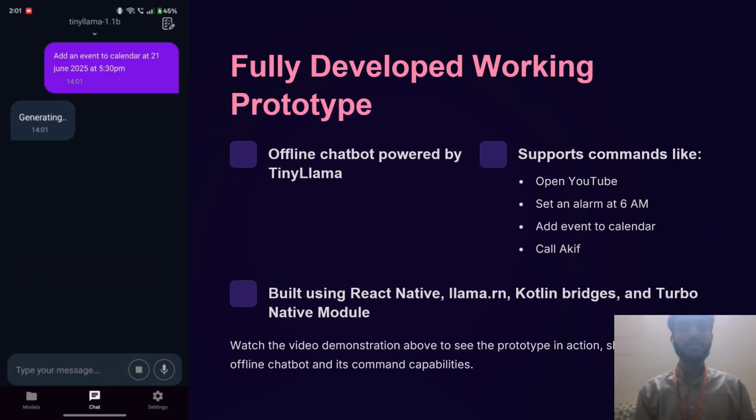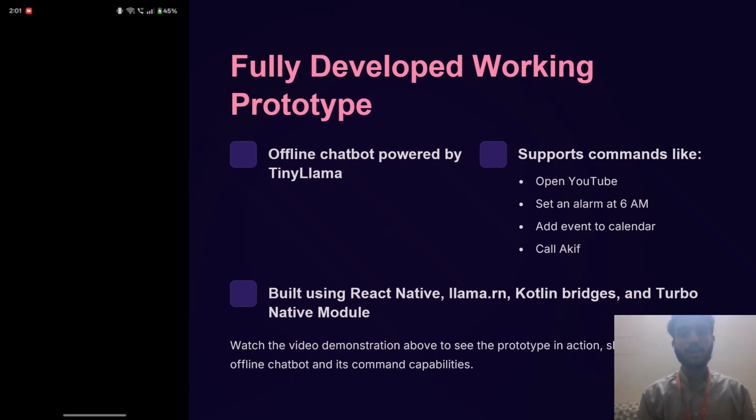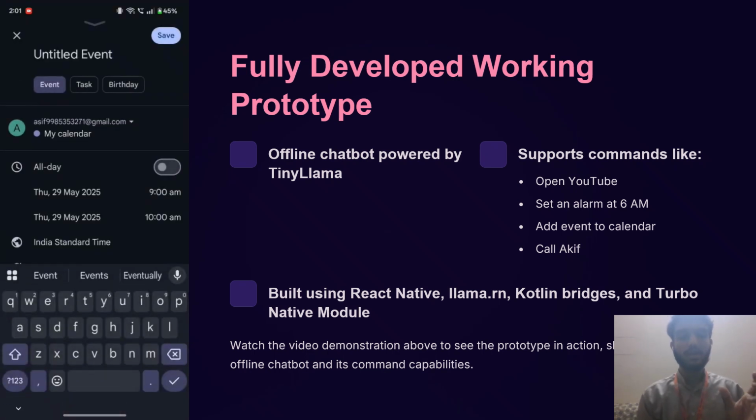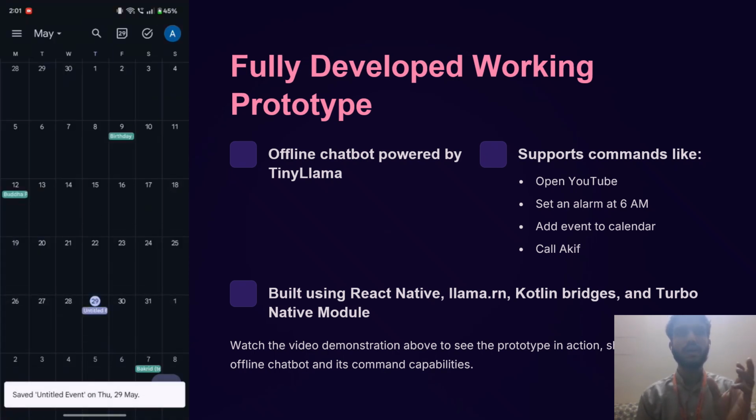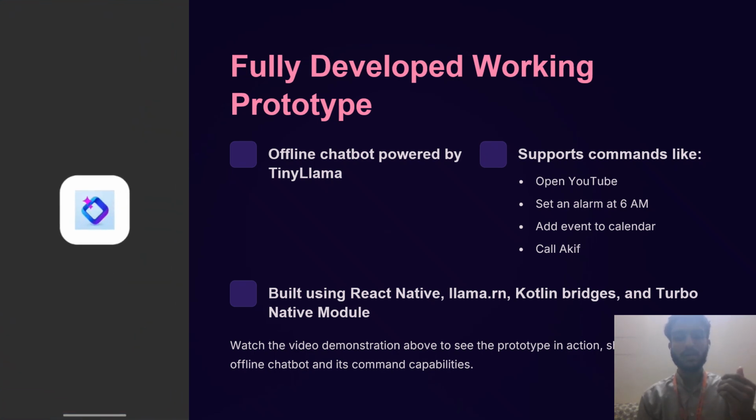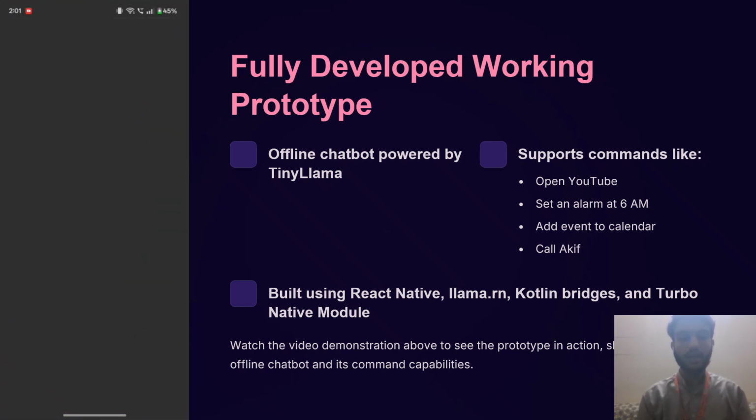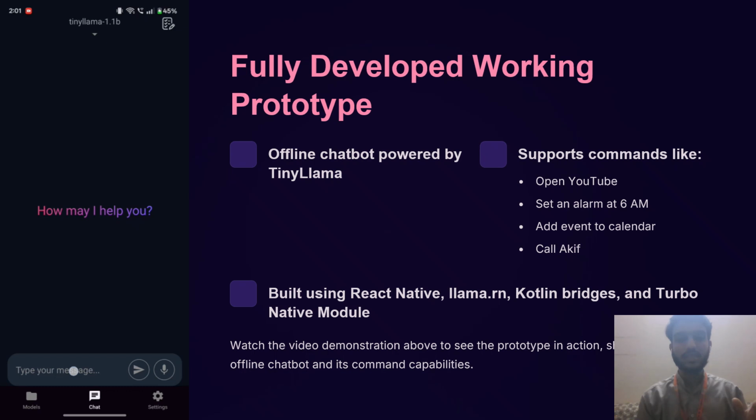In this demo, we are adding an event in the calendar app where we specify the date and time of the event and what name we want to give to that event, and the model will parse the important details like date, time, and the name of the event, and it will redirect us to the calendar app where we will need to save or cancel the event which we have given to the model.